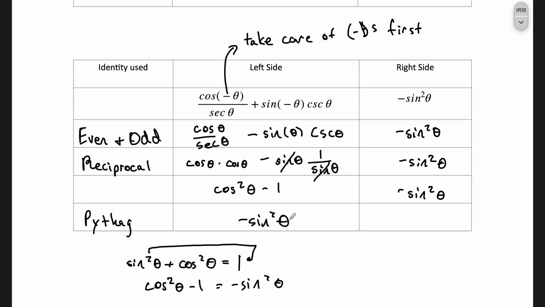A note that I can make about this specific problem that I saw my students doing was they kept trying to make this negative sine squared. They thought, okay, well, I see a sine, I see a negative, so this has to be the negative sine squared. It's understandable why they tried to do that, but it's also a very bad habit to get into.